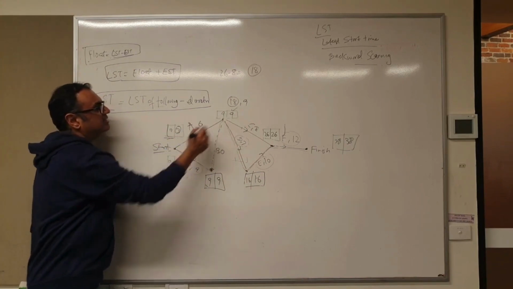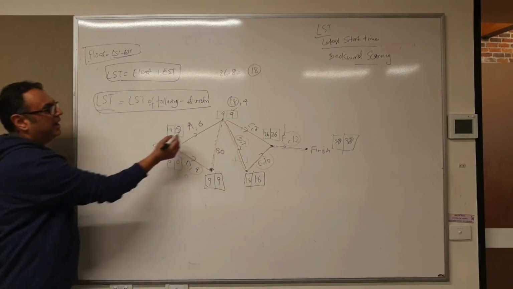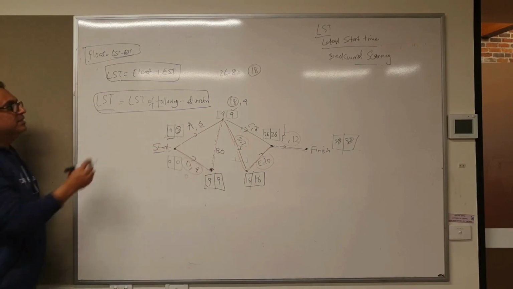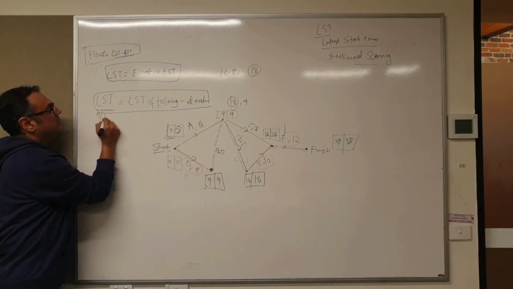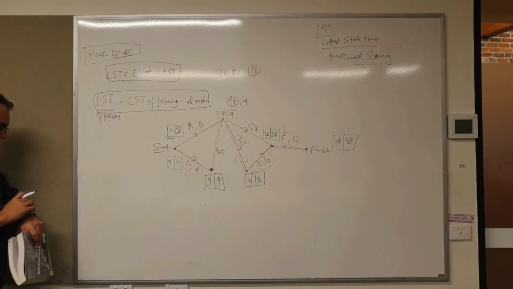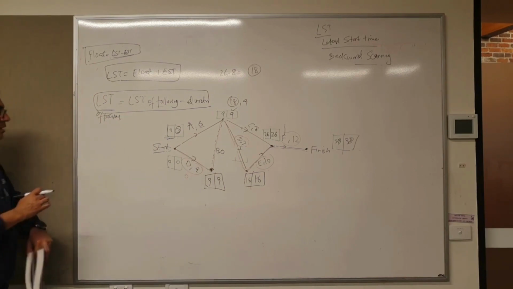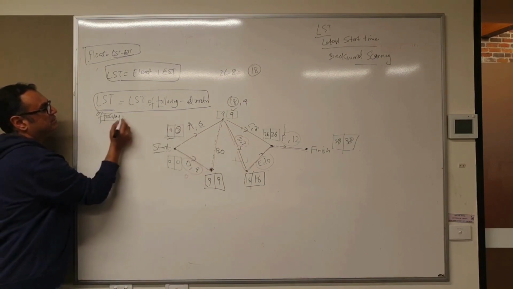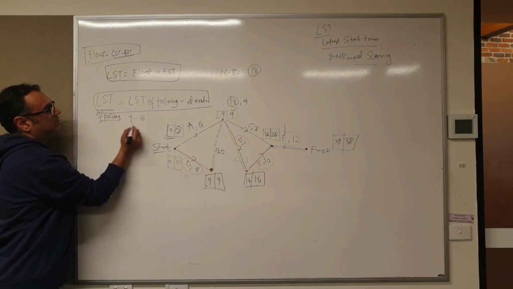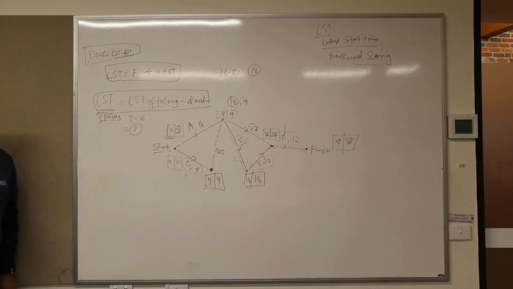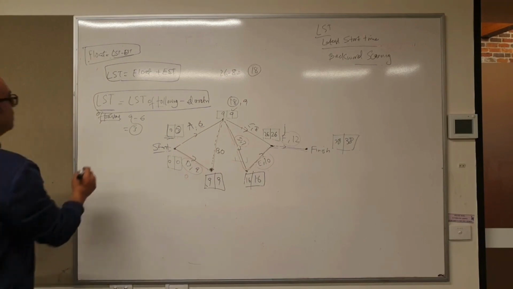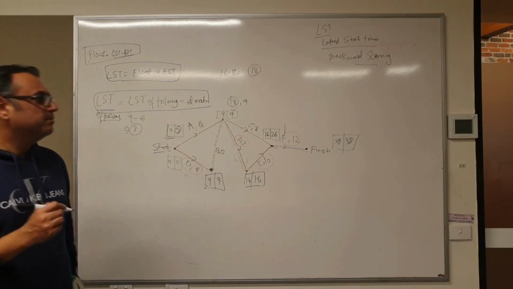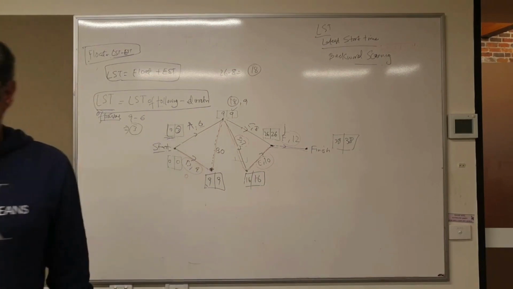I need the LST of the following activity here and the duration of A, which is 6. So 9 minus 6 gives me 3. All good? Make sense? Alright, let's do a solved example.